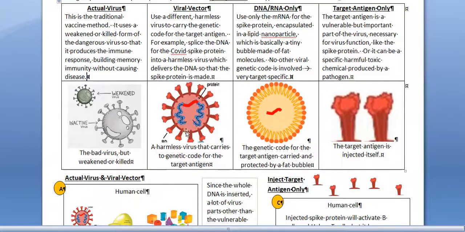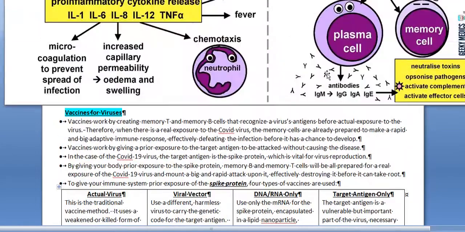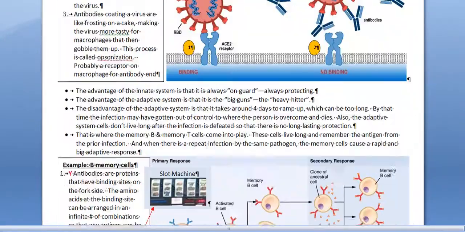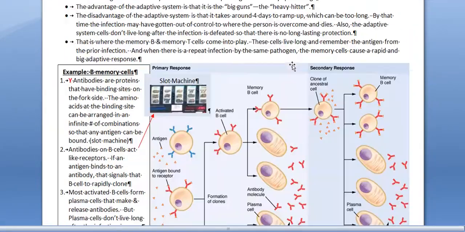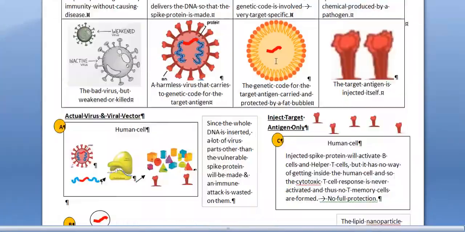So here is a harmless virus and here is its DNA, but instead you add this bit of DNA to produce the spike protein. Remember the spike protein? The spike protein's there. So it's a harmless virus that carries the genetic code for the target antigen. In the case of COVID-19, it's the spike protein, which binds to the human cell.